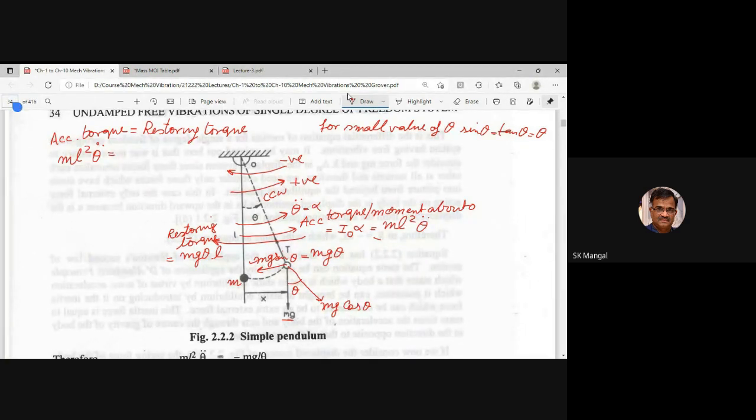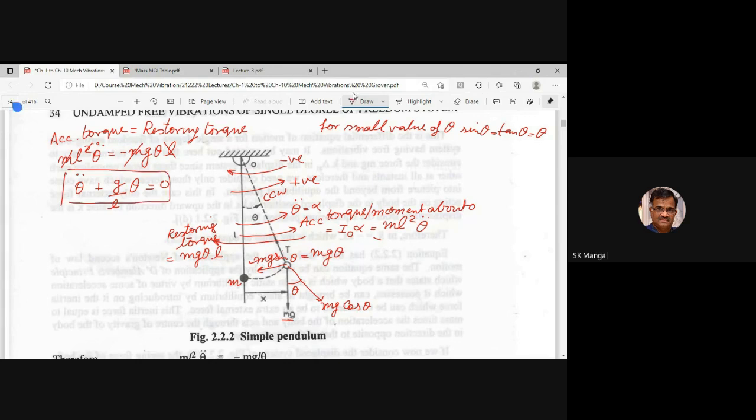This is your mg theta into L. In the negative direction, I can put minus here. So here, these two will cancel out, the m, L, L here. It becomes theta double dot plus g upon L into theta. This is your equation of motion for the system.